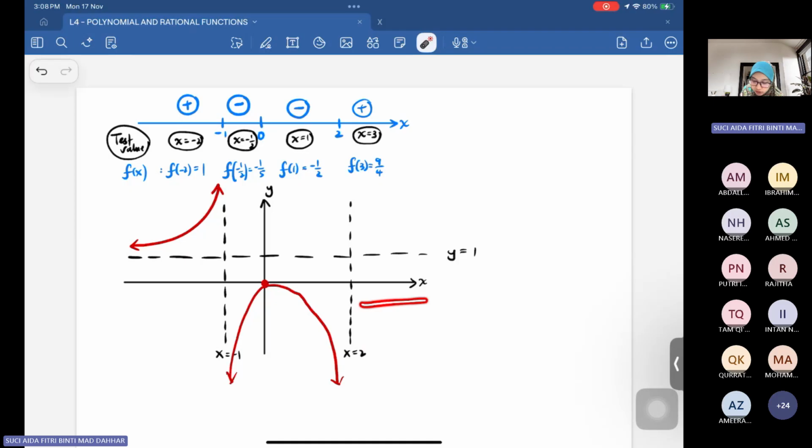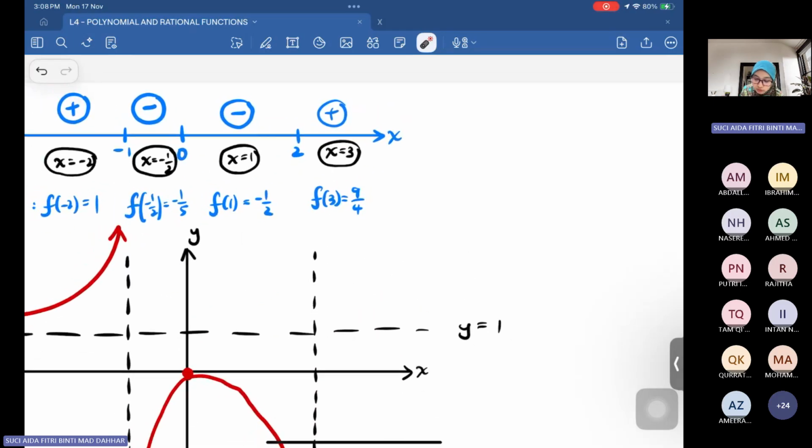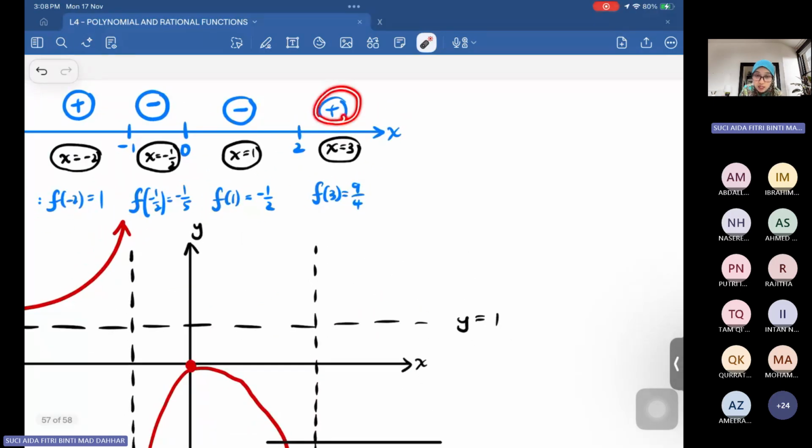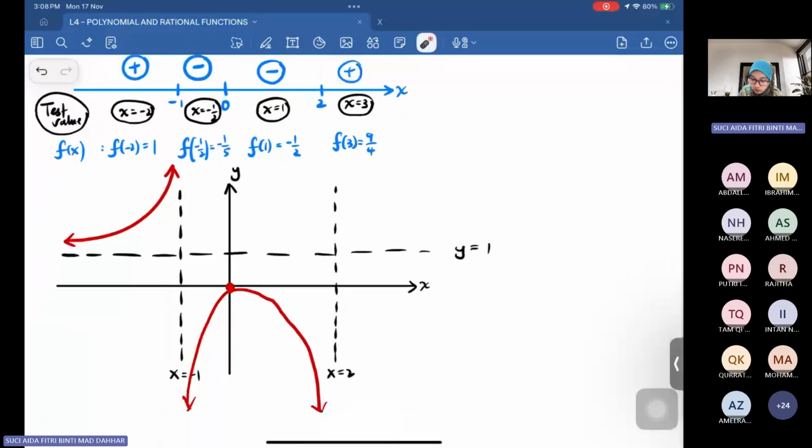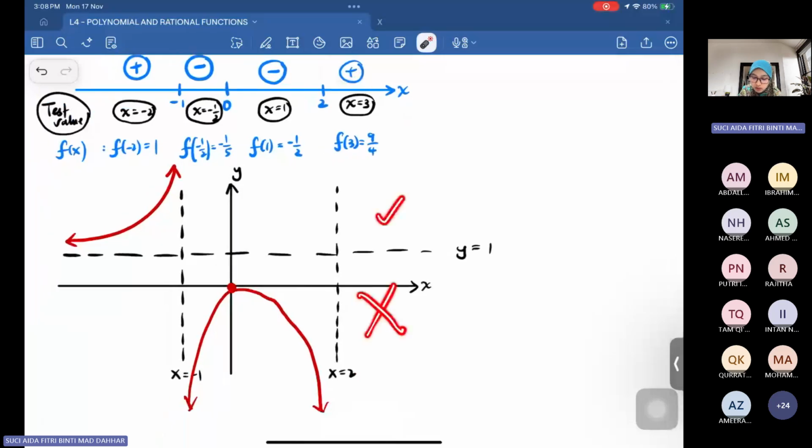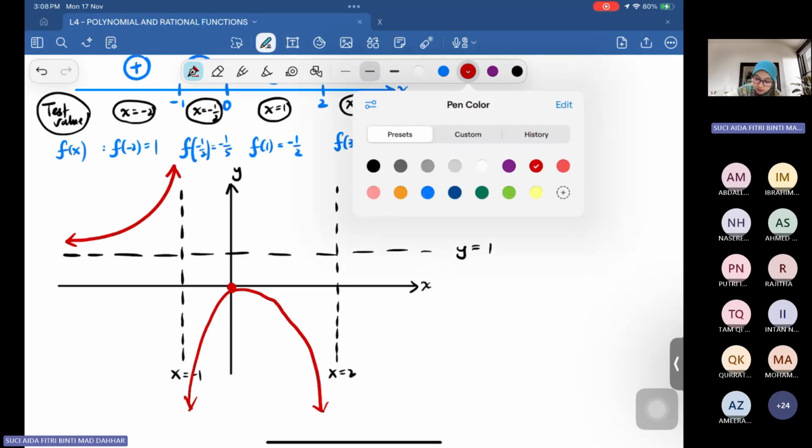Now what happened after 2? On the right of 2, the y values are positive. So you cannot draw anything here. It must be here. And remember, you have two asymptotes, vertical and horizontal. So the only graph that will not meet these two asymptotes must look like this.